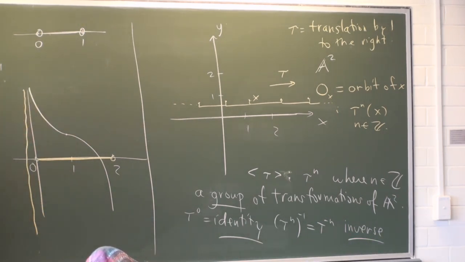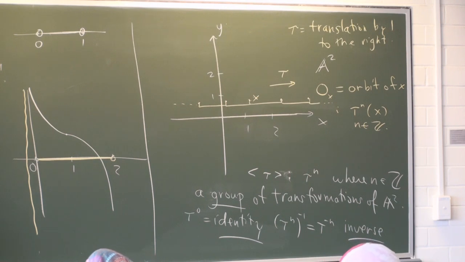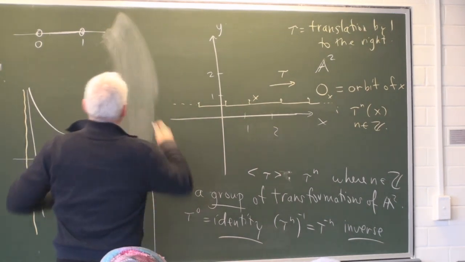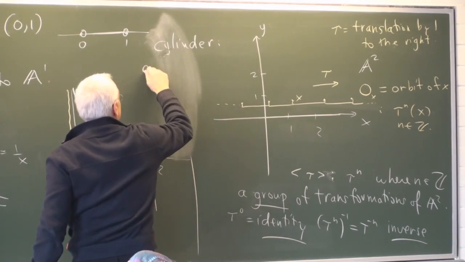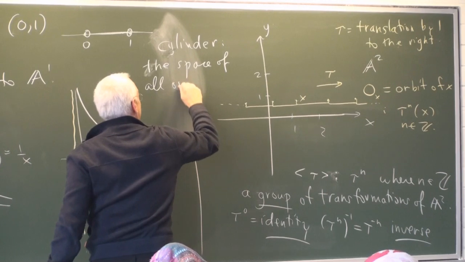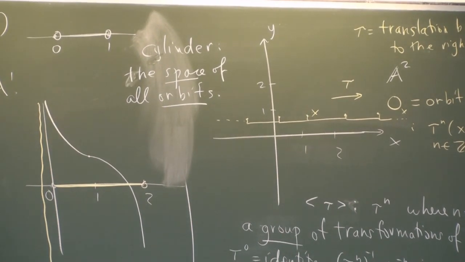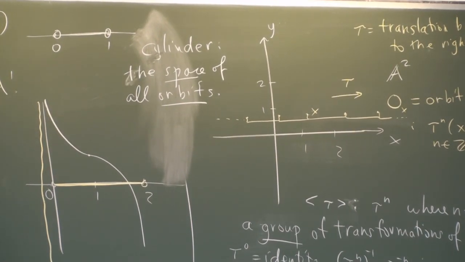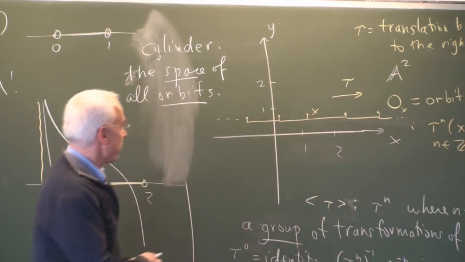And now in this picture, the cylinder is visible as the collection of all orbits. The cylinder can be viewed as the space of all orbits. We can see that by thinking, how could we list or label or parameterize all the orbits?